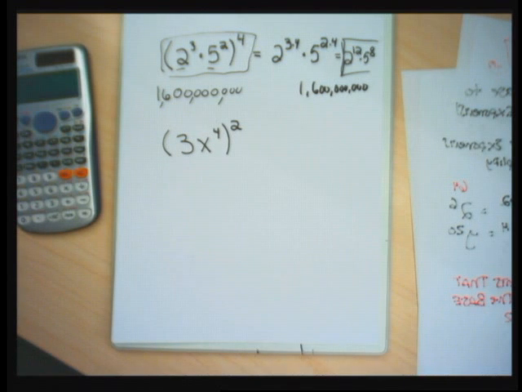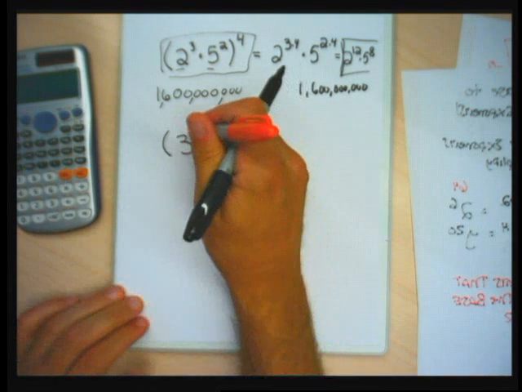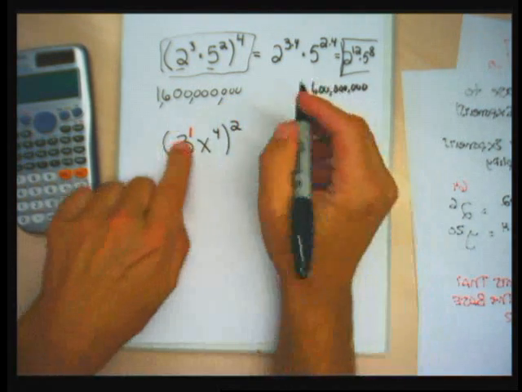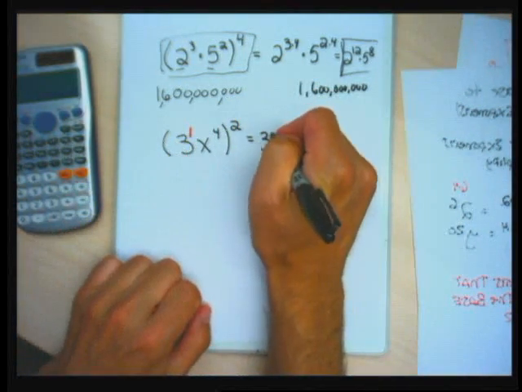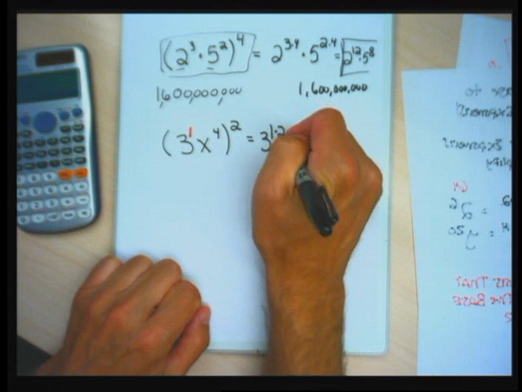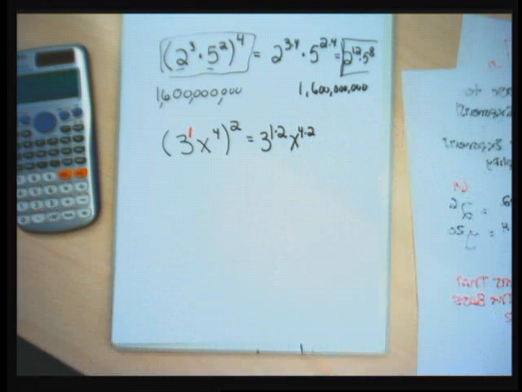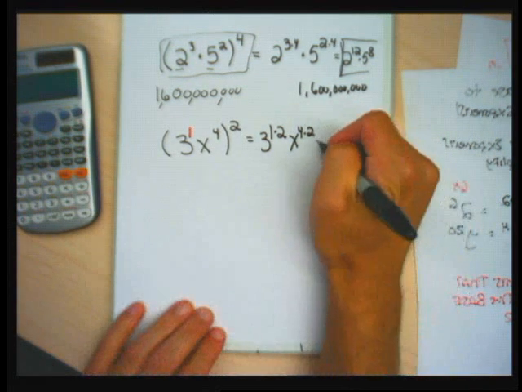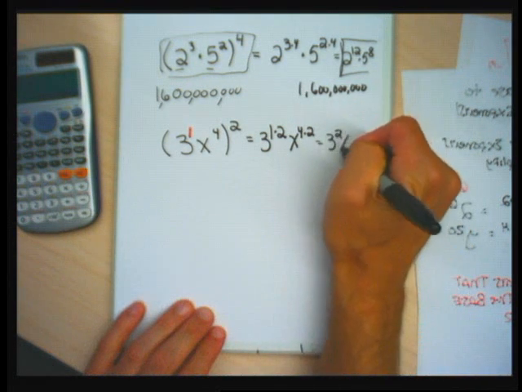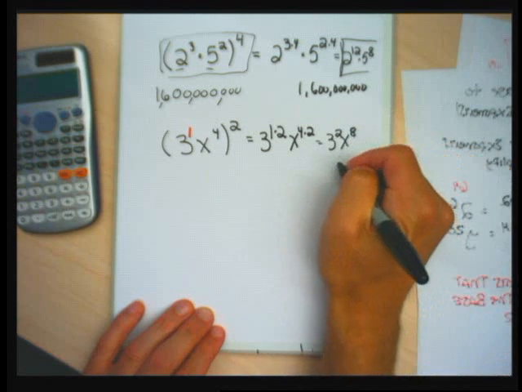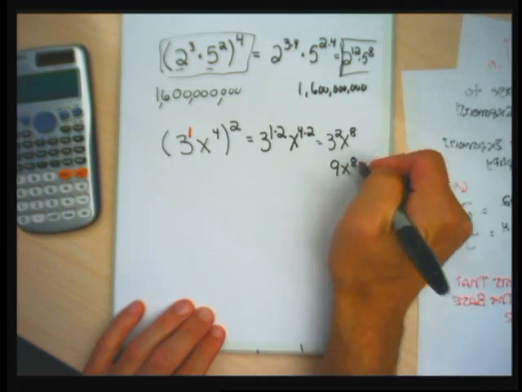And how do I reduce? I'm going to multiply the exponents by the 2 outside the parentheses. The 3 has an exponent of 1. That's not written, but it's assumed. The x has an exponent of 4 that is written, and this whole thing is going to reduce to 3 to the second power times x to the 8th. Because 3 to the second power is 9, it reduces to 9x to the 8th.